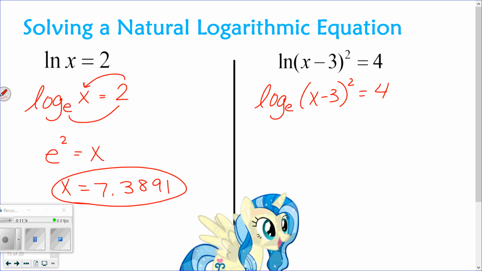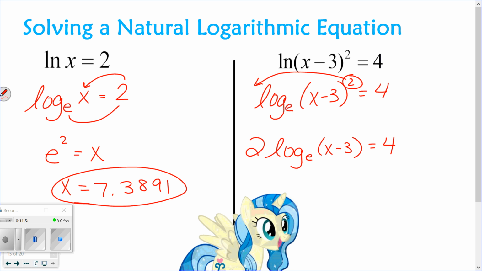Because if I put them in front, doesn't that make this problem a lot easier? So 2 log base E of x minus 3 equals 4. Anytime you have that exponent up there, if you can use your properties and throw that out in the front, now I can divide by 2.